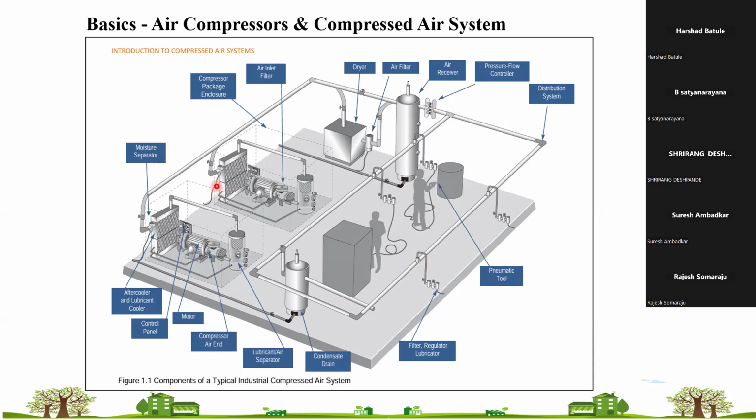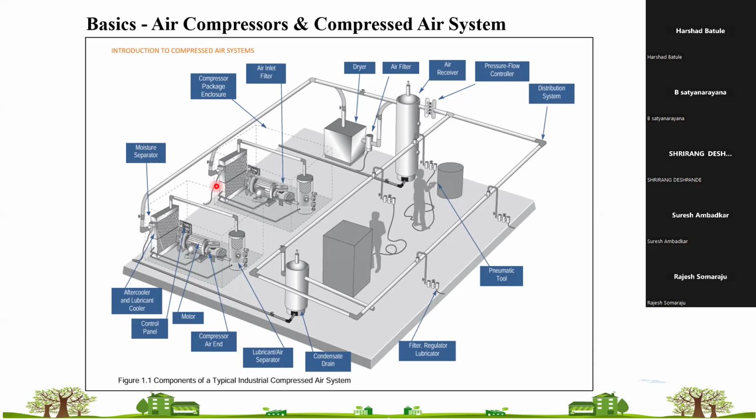So there are two parameters: one is your load pressure, and one is your unload pressure. Let's say there is one compressor which has a load pressure of 7 bar, which is the actual delivery pressure, and 6 bar is your unload pressure, or sorry, 7 bar is your actual pressure which is the unload pressure, and 6 bar is your load pressure.